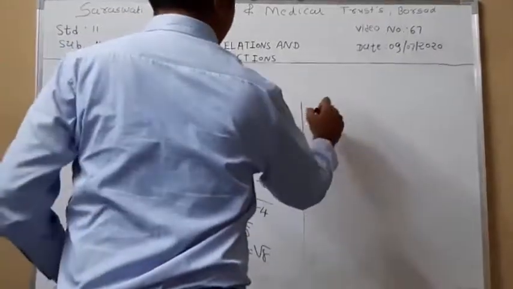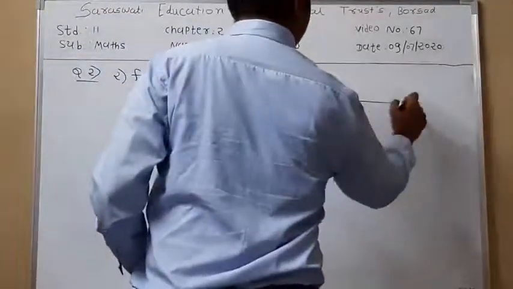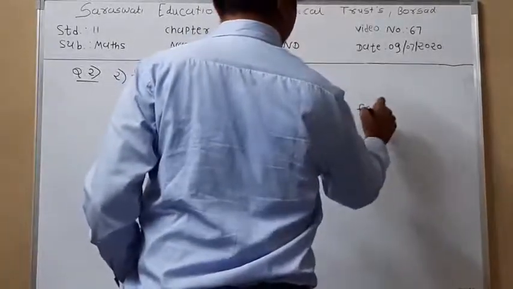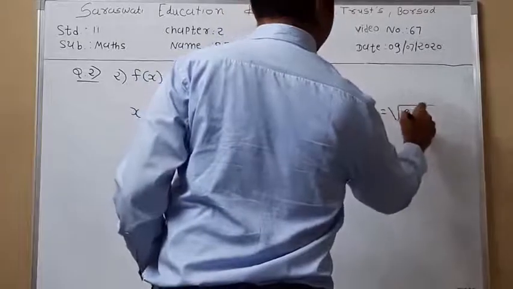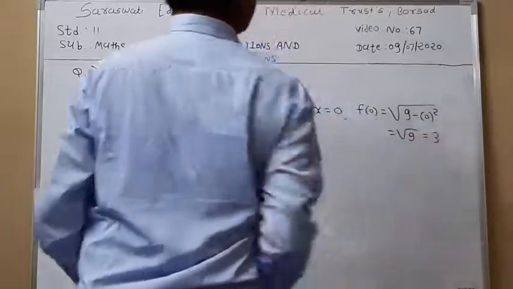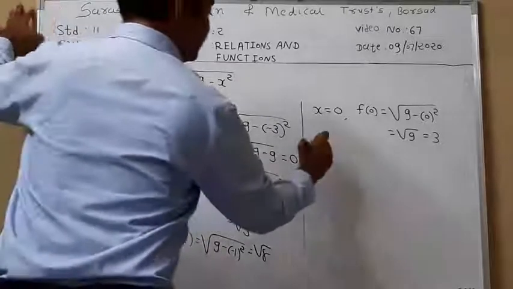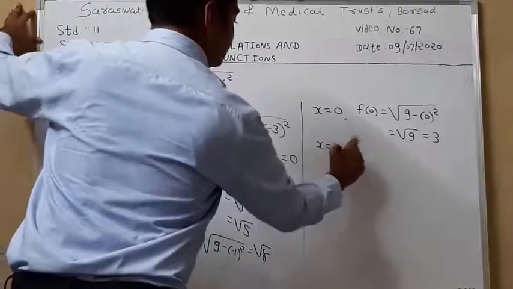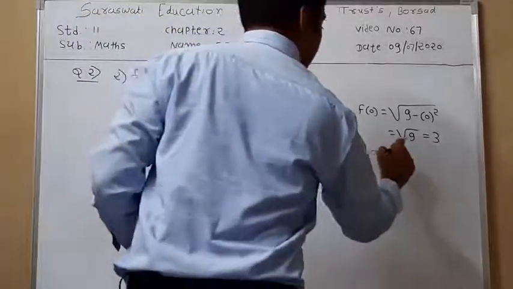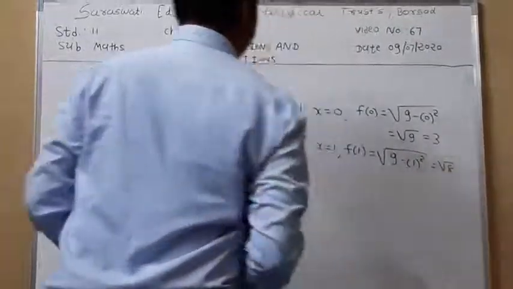Now x is equal to 0. f of 0 is equal to under root 9 minus 0 square, that means under root 9, that means here we get 3. Now x is equal to 1. So f of 1 is equal to under root 9 minus 1 square, that means under root 8.